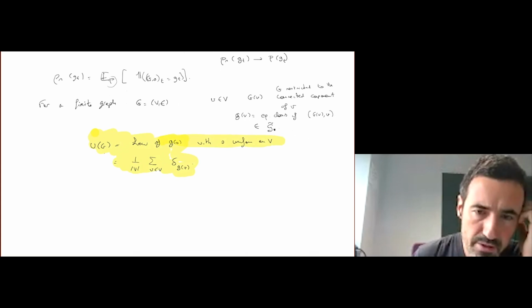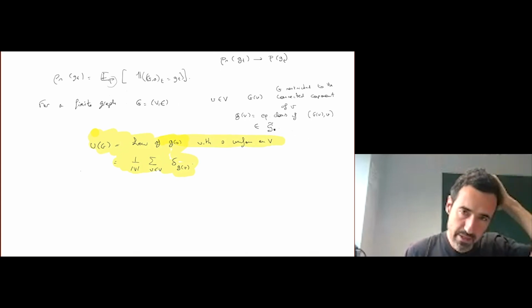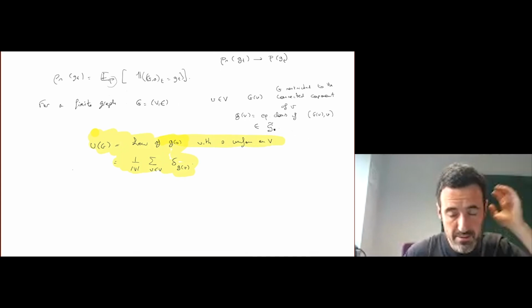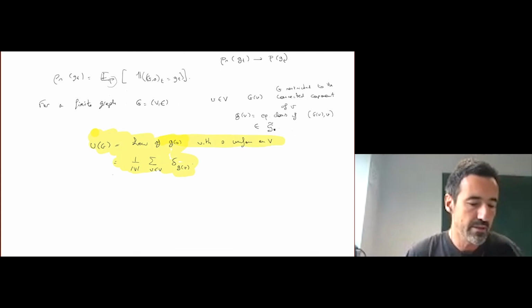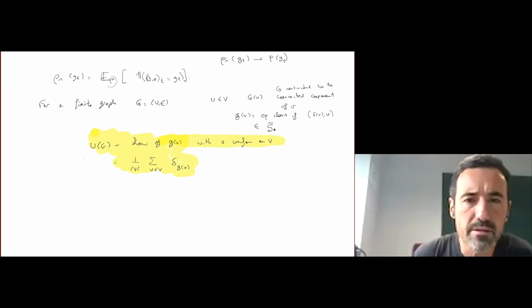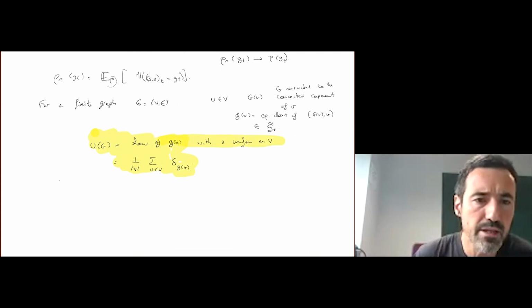This measure U of G plays a central role in this Benjamini-Schramm convergence theory of graphs.